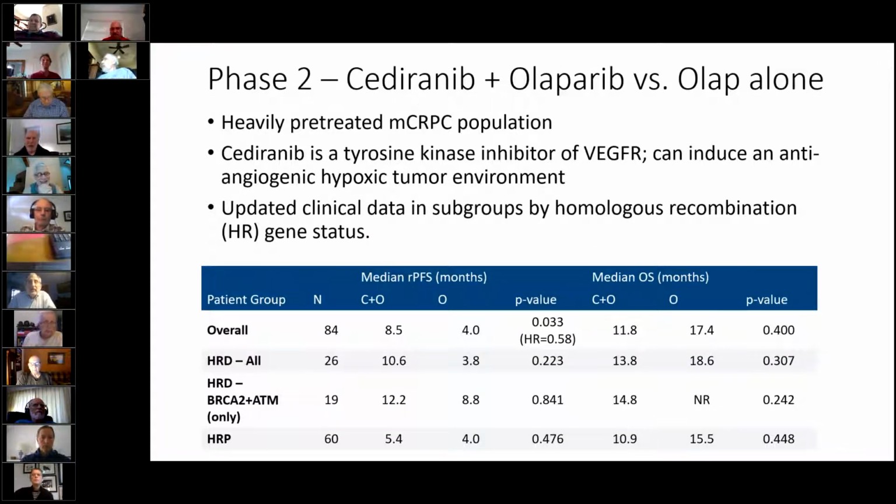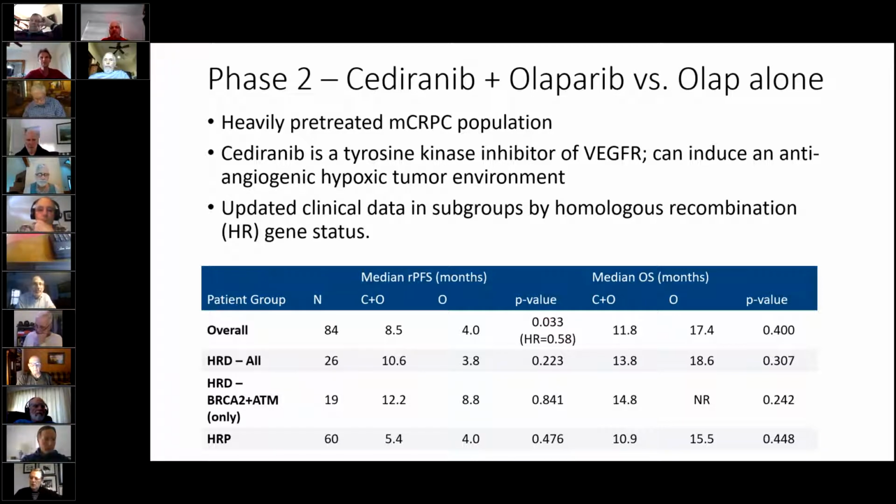Right. So here is another study with olaparib in combination with a tyrosine kinase inhibitor. Len, you should talk about this one. Yeah, so as Herb just said, cediranib is a protein kinase inhibitor of VEGFR, which is vascular endothelial growth factor receptor.